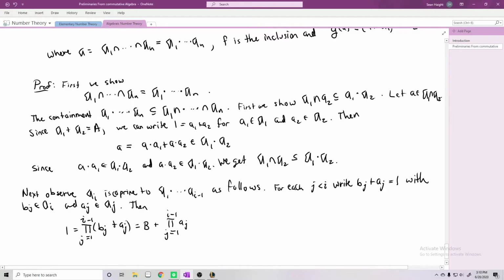So this b is the sum of all the terms, any of which contain a b sub j, and we're going to observe that this big b is necessarily in a sub i, because every product here contains a little b sub j, which is in a sub i, and this thing is an ideal.